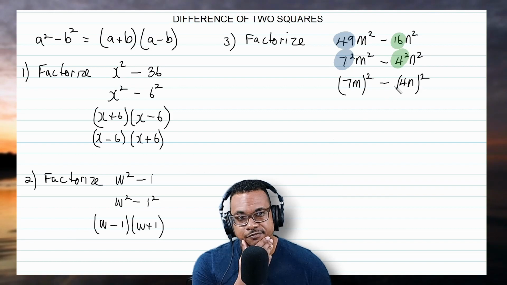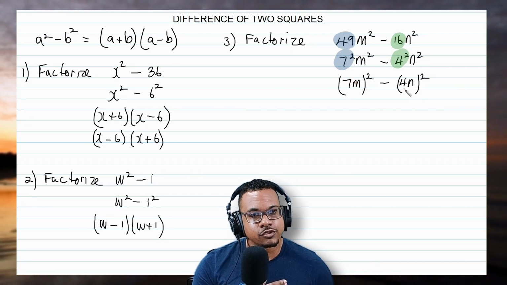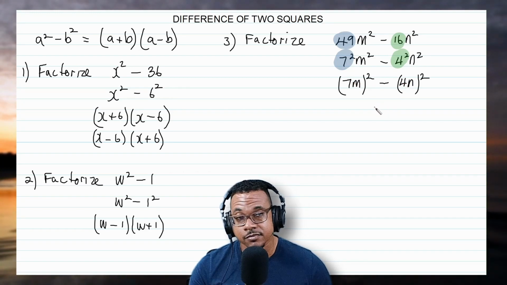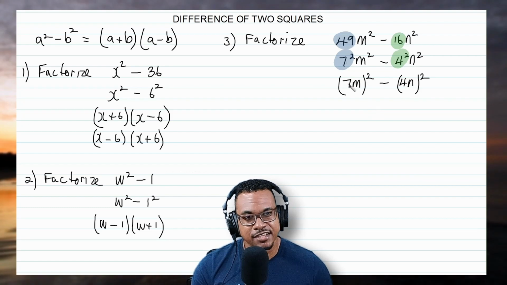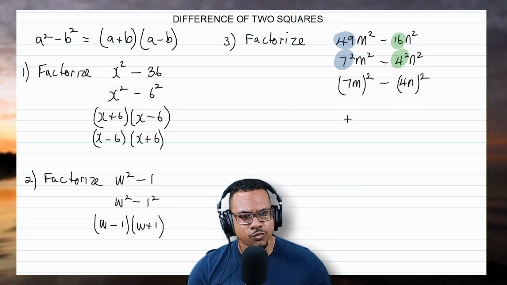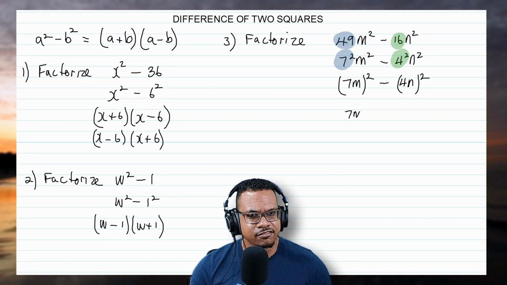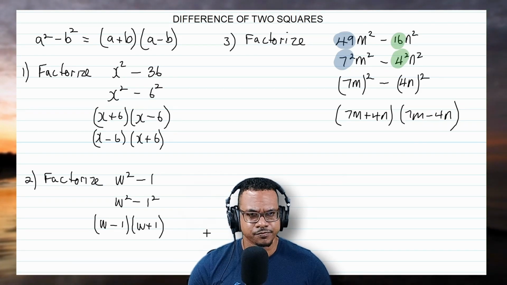So now we have a subtraction sign, so a difference of two square numbers. So that's 7m and 4n. In my brackets, that's what I'm putting, 7m first and then the 4n. One plus, one negative. So 7m plus 4n, brackets, 7m take away 4n, close brackets.